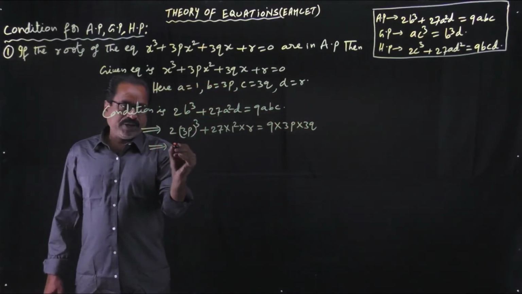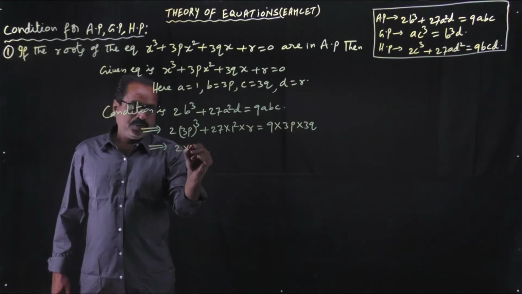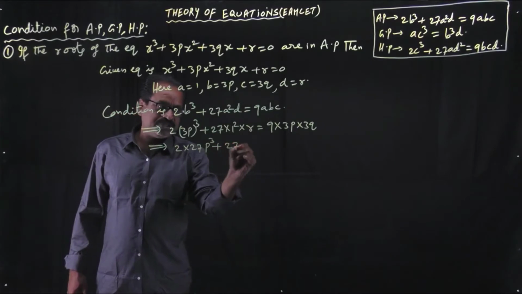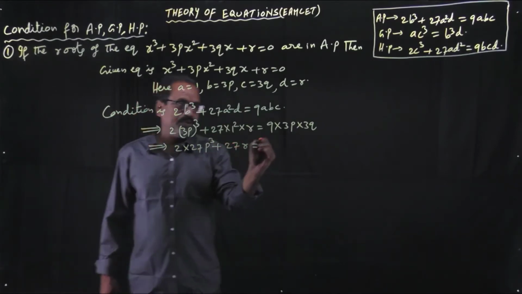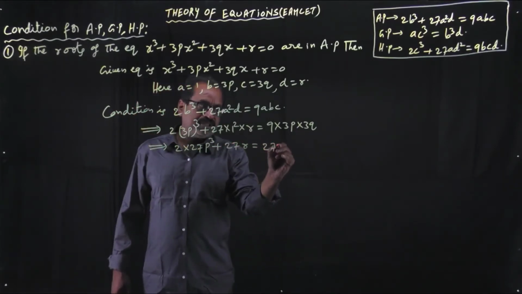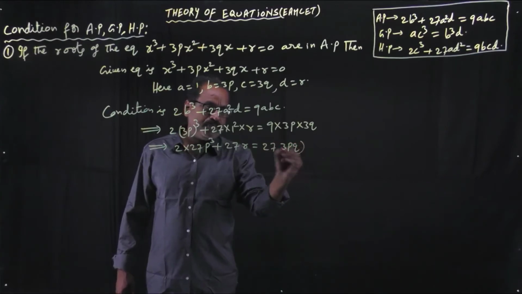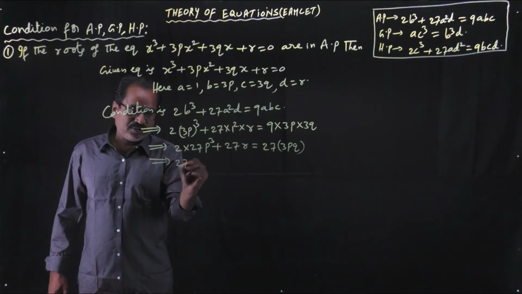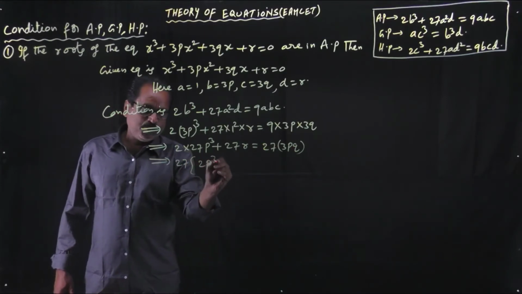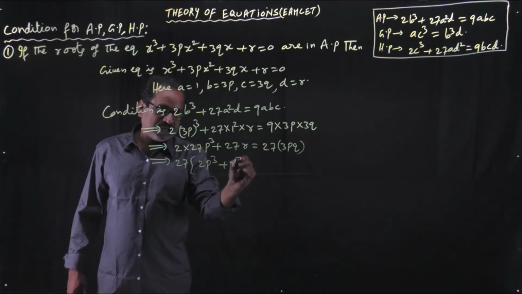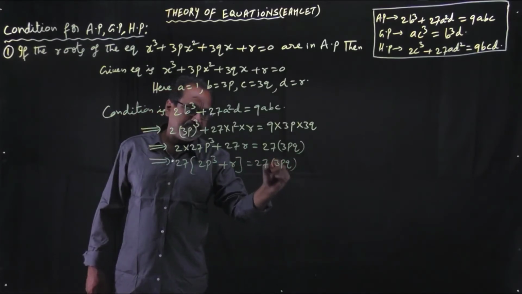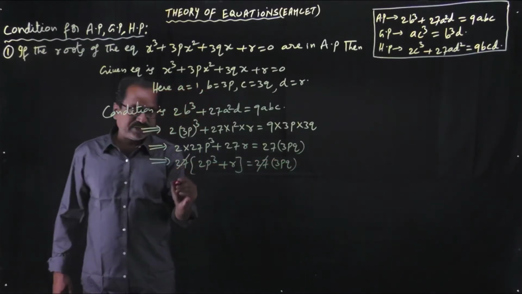This implies 2 into 27p cube plus 27r equals 27 into 3pq. Here 27 is common, so 27 into (2p cube plus r) equals 27 into 3pq. 27 gets cancelled.